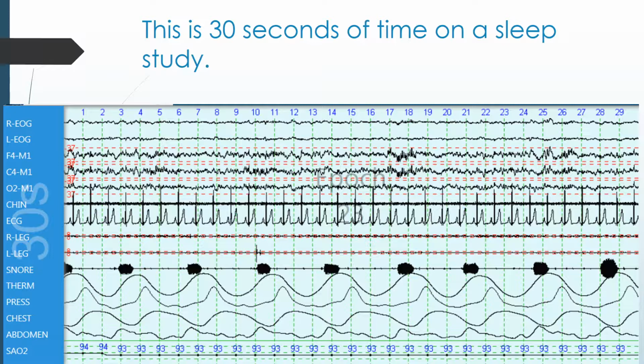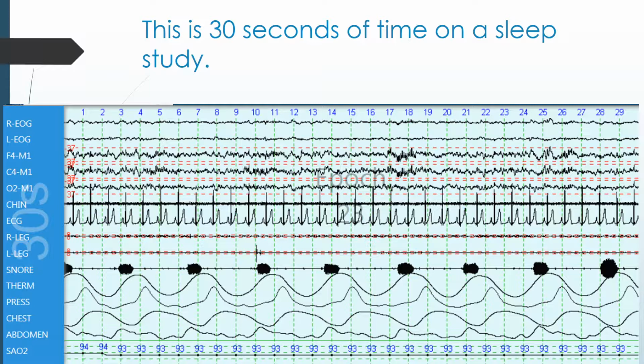These red lines help us identify how large the waves are, the EEG waves are, which then helps us determine the different morphology of the waves, or the shape of the waves, to determine what stage of sleep the patient is in. This is way beyond our focus right now. We'll get to that next quarter. I just wanted you to know that that's what those red lines were for.